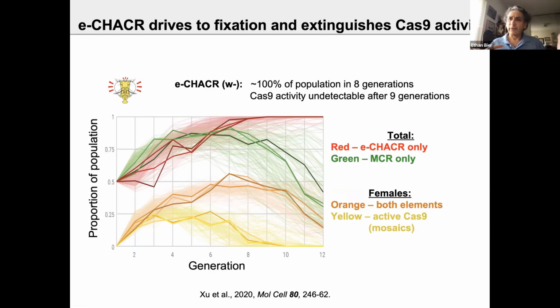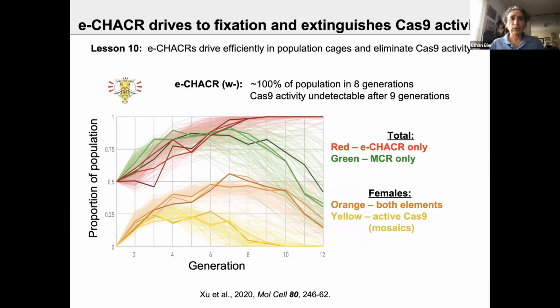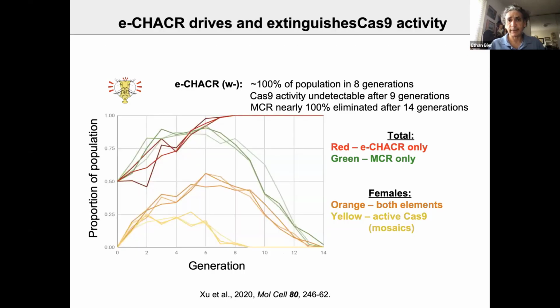One of the features of the activity of Cas9 is it causes mosaic eyes if there's a wild type allele in the background. And so that ability to do that peaked as they met and mated, but then disappeared. And by the end of it, 100% of the sequenced flies had mutated Cas9s, and they were homozygous for the eCHACR element. So eCHACRs drive very efficiently in population cages and eliminate Cas9 activity.